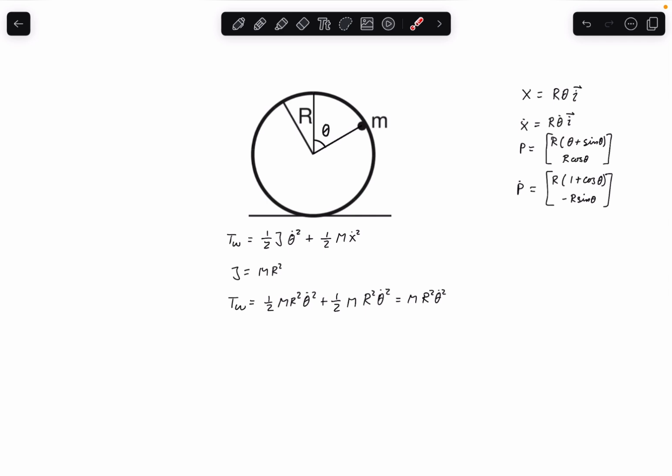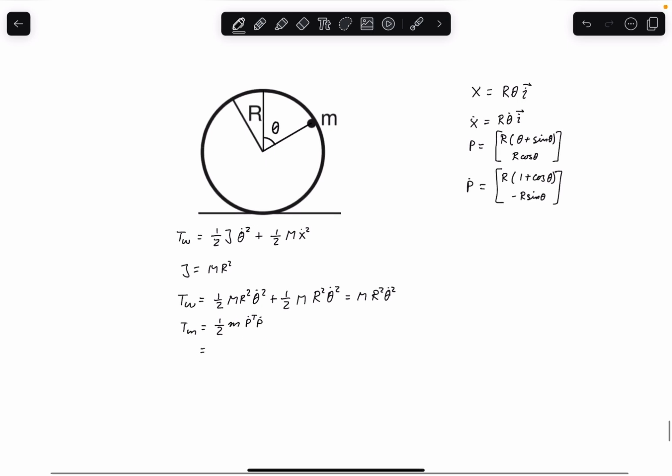Now we want to find the kinetic energy of the mass. So that is Tm. Since it doesn't have any inertia, we just don't have any rotational energy. That means that the energy is equal to 1/2 multiplied by the mass, and then we have p dot transposed multiplied by p dot.